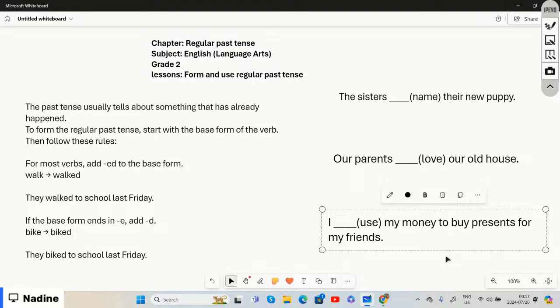And remember, when it comes to our past tense verb, we need to follow the rules. And the rule is we add ed to a specific word, or if our base word ends with an e, then we add a d only. So we add an ed to our base word.